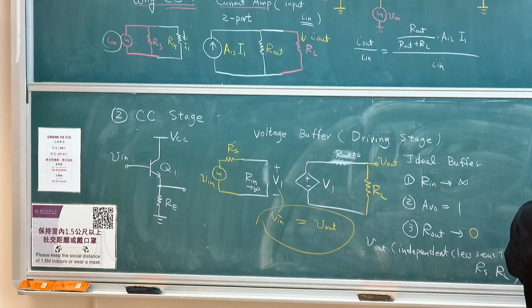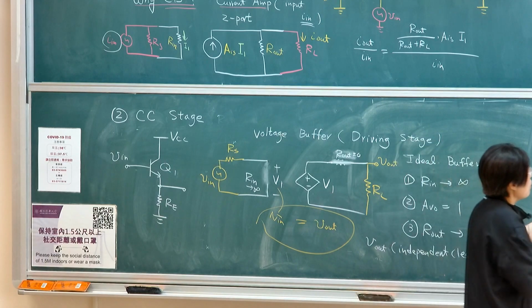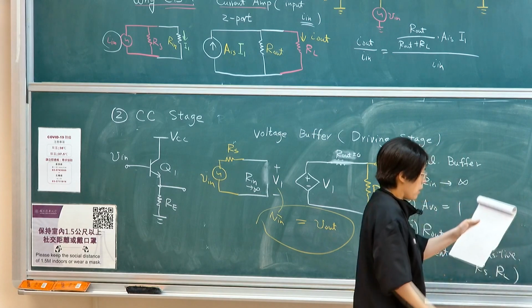So we still need to generate my small signal model, the equivalent circuit. So the first thing we do is generate a small signal equivalent circuit. The same thing, we're assuming the load is infinite and the source resistance equals 0. We're ignoring that at the beginning.